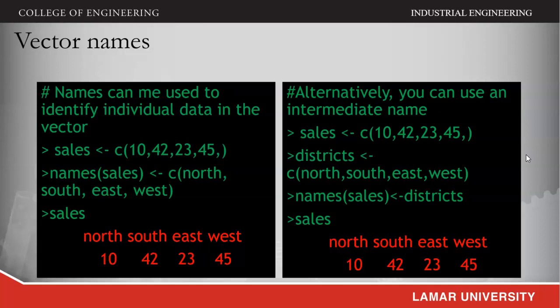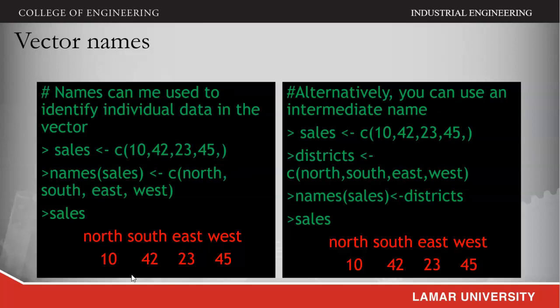Say, for instance, we have the sales by month in total units, maybe of equipment that you're selling, and you have 4 districts: the North District, the South, the East, and the West District, and you have the information associated to these as 10, 42, 23, 45.